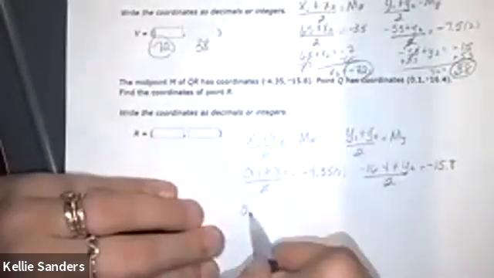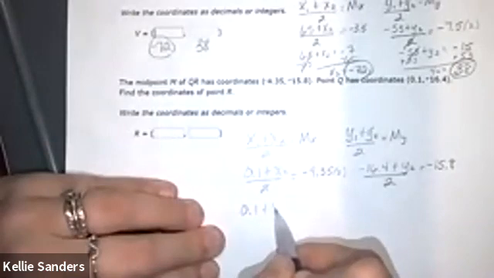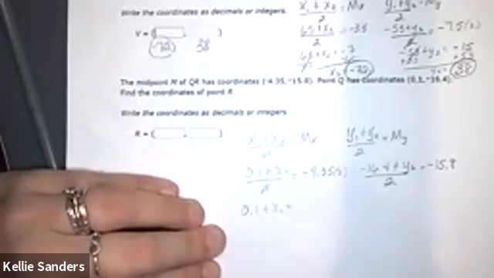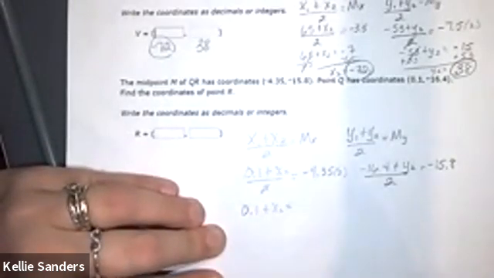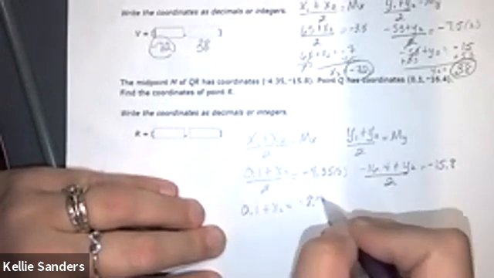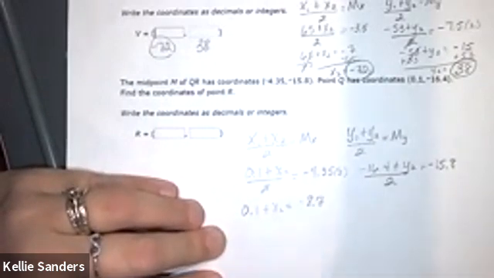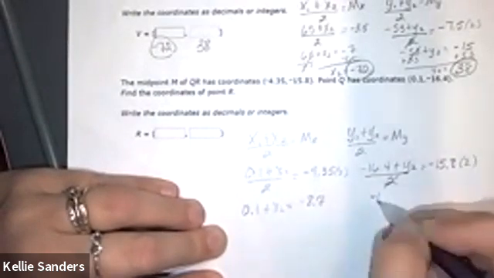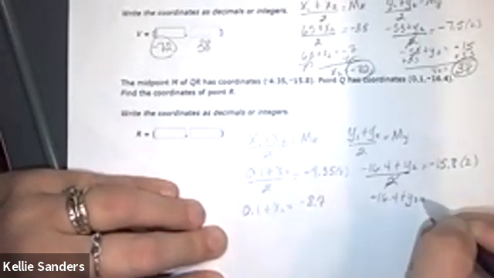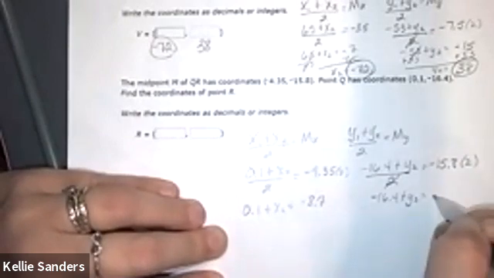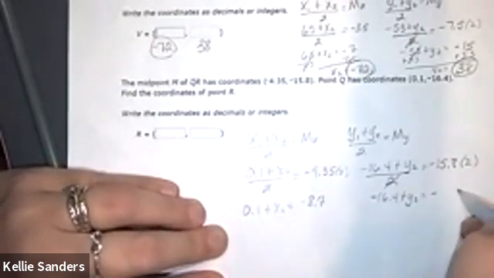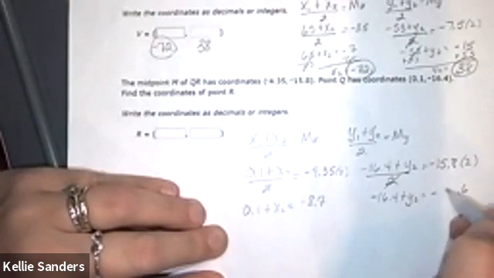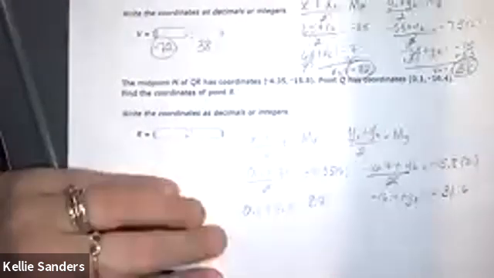You always multiply by 2. Oh goodness. Negative 8.7. Multiply by 2. Negative 31.6.